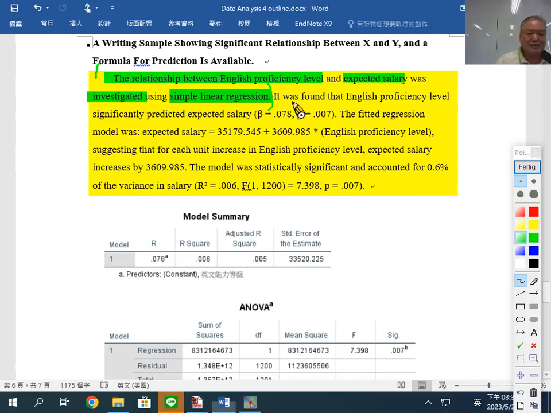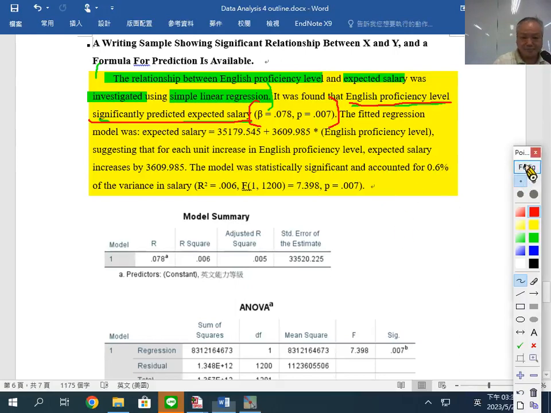And it was found that English proficiency level significantly predicted expected salary. And the parenthesis here is to provide evidence.